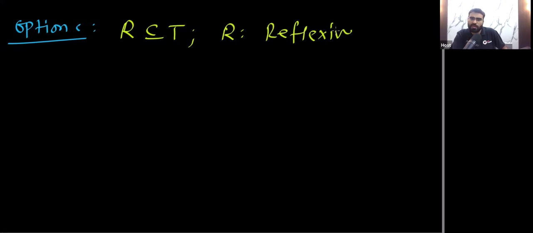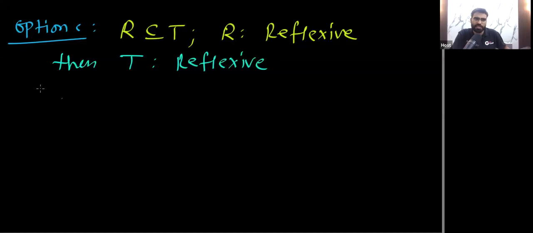In option C, what is option C saying? Option C is saying that R is a subset of T and R is reflexive. Now remember, very easily you can see, then T also will be reflexive. And the reason is very simple. The proof is actually very simple.